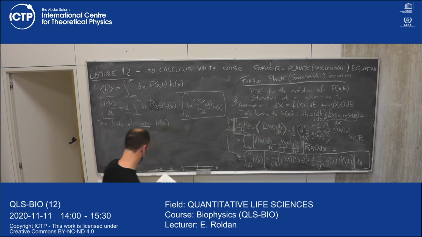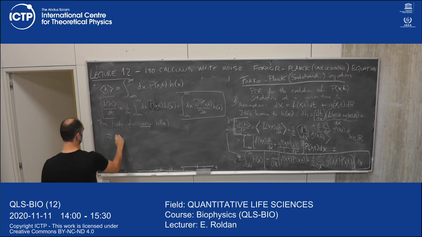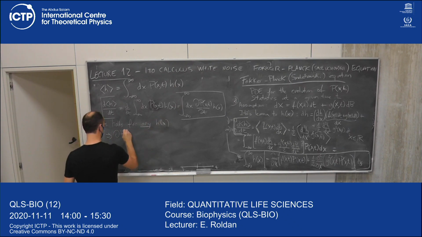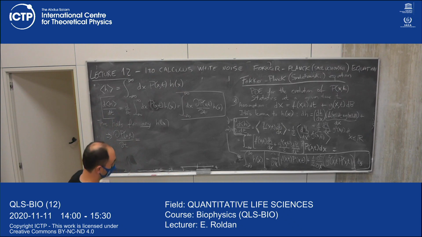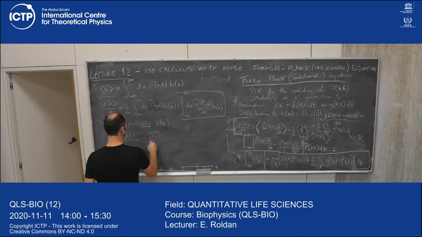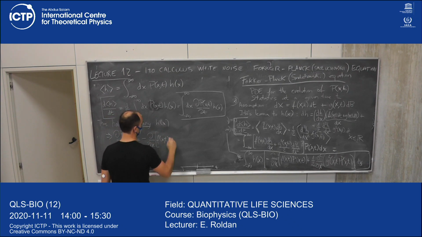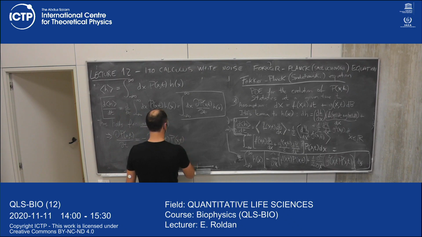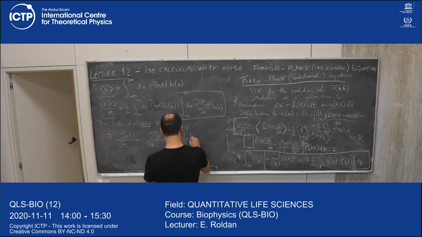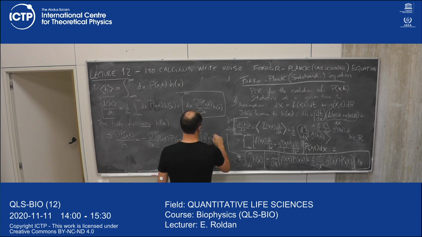It means that the derivative of p with respect to t equals all this that I have there: minus the derivative with respect to x of f(x,t) p(x,t), plus one half of the second derivative with respect to x of g squared times p(x,t).